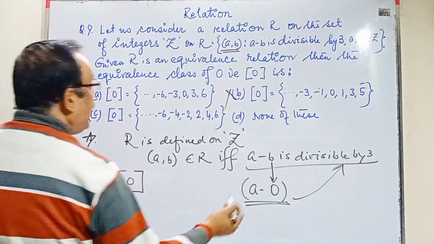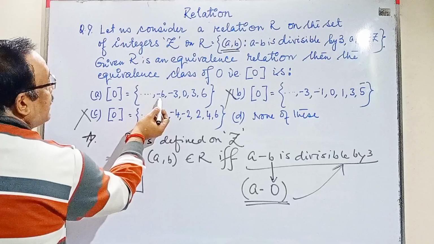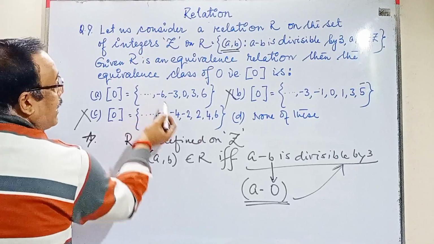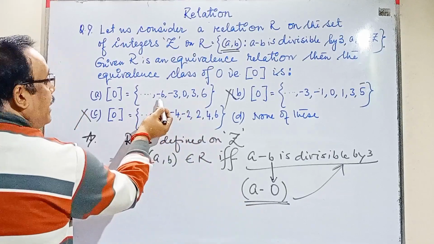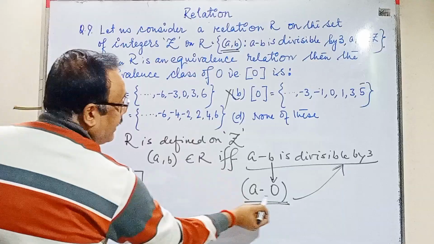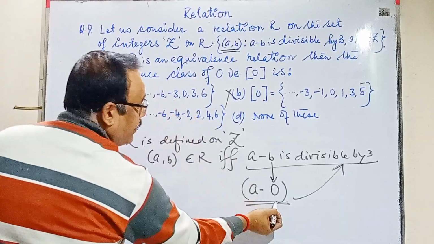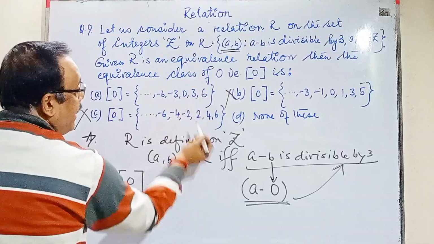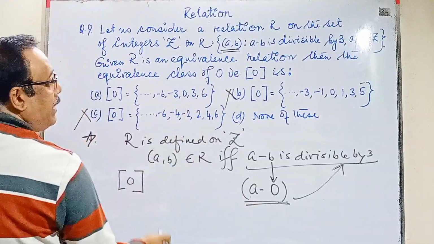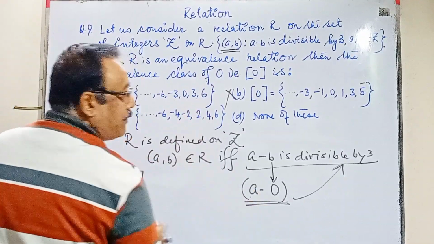So, multiples of 3, have a look at this. Minus 6 minus 0 is minus 6, divisible by 3. Minus 3 minus 0 is minus 3, which is divisible by 3. 0 minus 0 is divisible by 3, 3 minus 0 is divisible by 3, 6 minus 0 is divisible by 3.